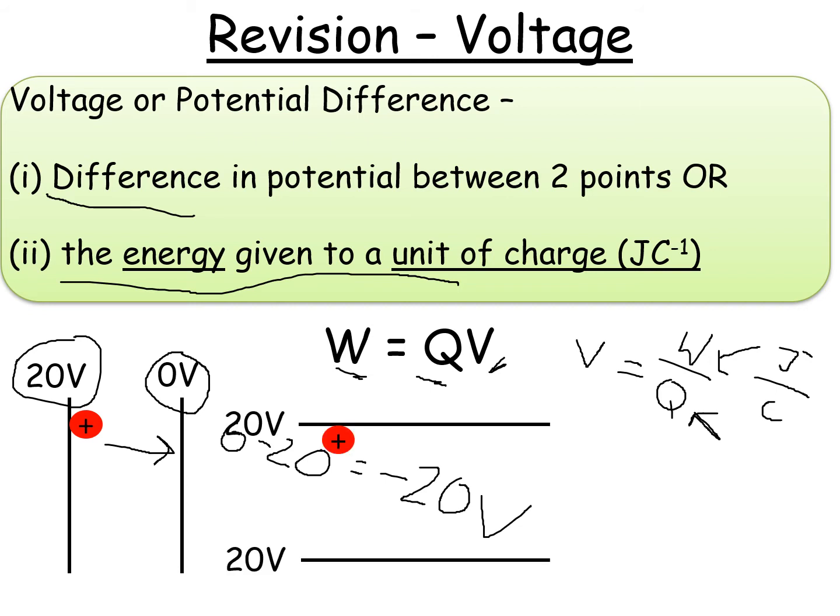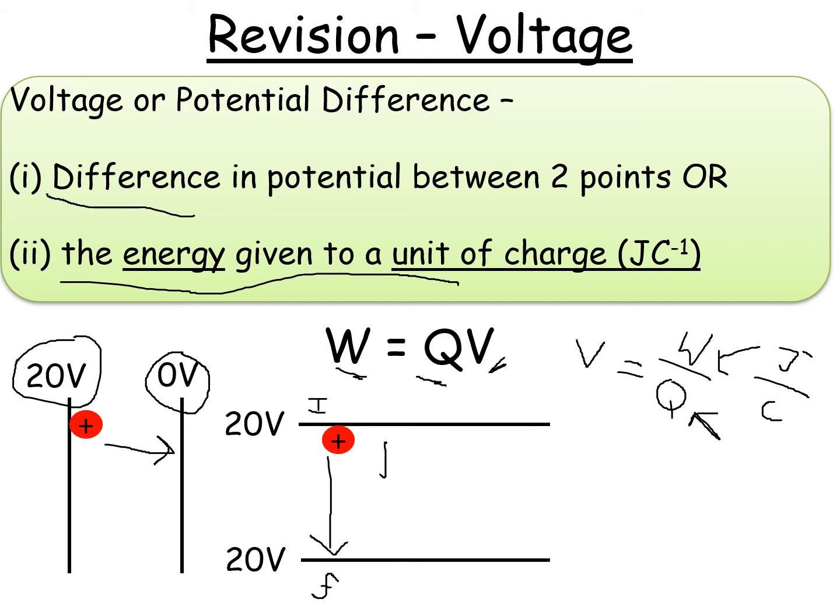Okay, next one, what's the potential difference for this case here? I'll just rub this out. So here again, if you imagine this is your initial, this is your final, and the charge went from here to here, what would the potential difference be?